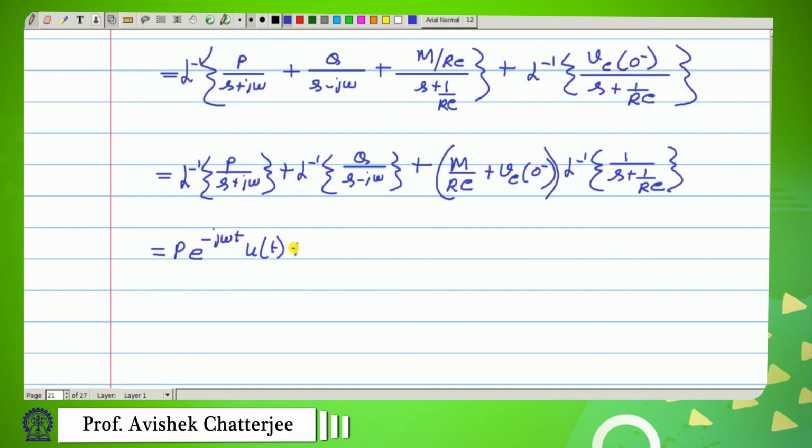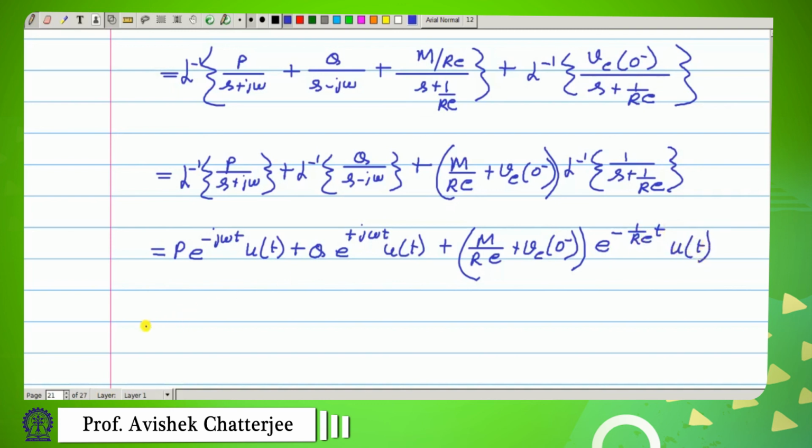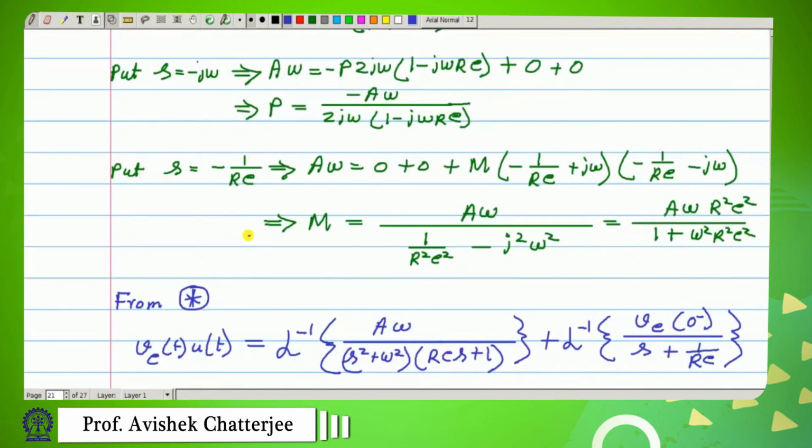The second term is q e to the power plus j omega t u(t), then plus (m by RC plus Vc(0 minus)) e to the power minus t by RC u(t). You may take these u(t)'s common and let me then put the values of p, q, m, etc. So the value of p is here.